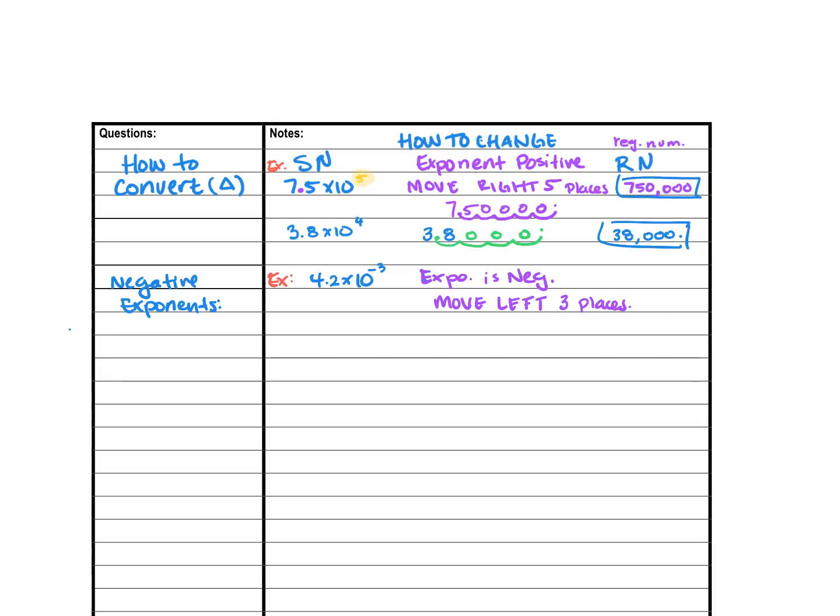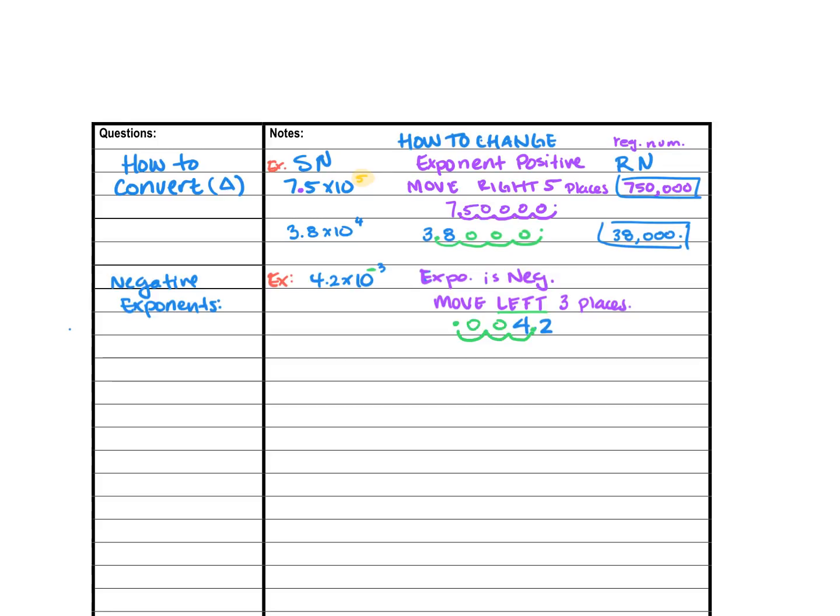So then you take your number, 4.2, take your decimal, and you're going to move to the left because negative, right? Your exponent is negative. So then you're going to go 1, 2, 3. Oh, that's it. Just 3. 1, 2, 3. Drop it. And then what's your number?